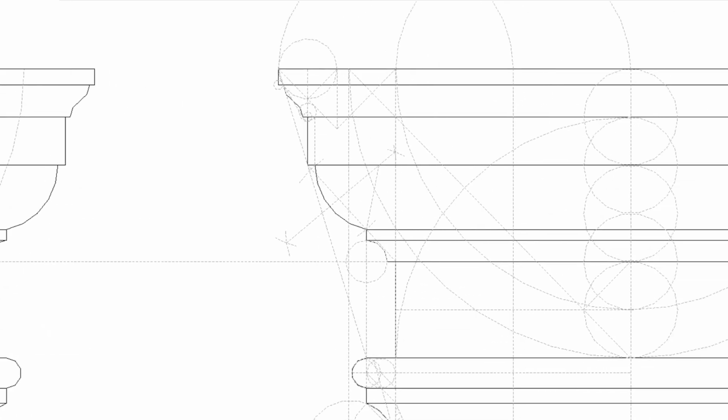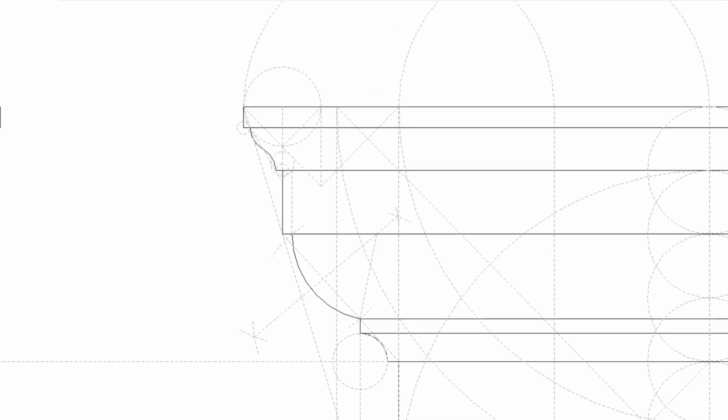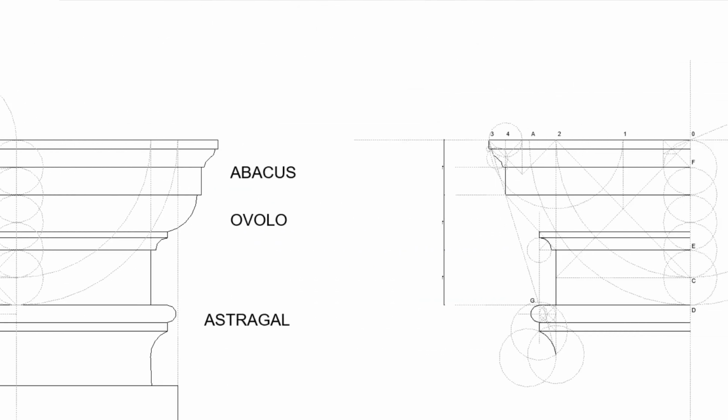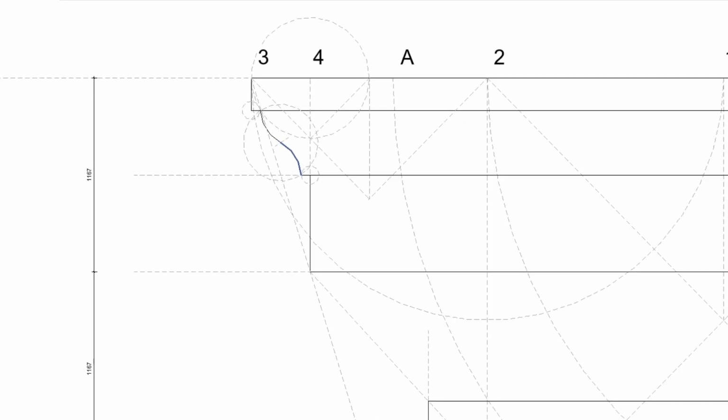So again, if you have a look at his diagram, there's a bunch of tiny measurements above the abacus, which is how you find the position of this curve, basically. I found something pretty interesting. So we have to travel back to the abacus.